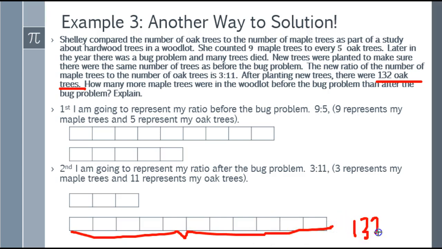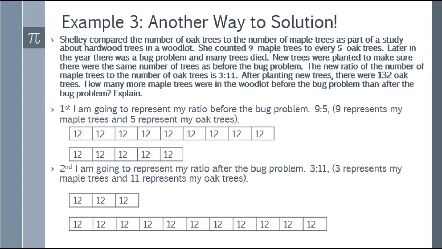So I still want to divide 132 by 11. Since we already divided that when we looked at it in a different way previously, I know that 132 divided by 11 gives me 12. So each piece represents 12 because my tape is equal in both of these diagrams.